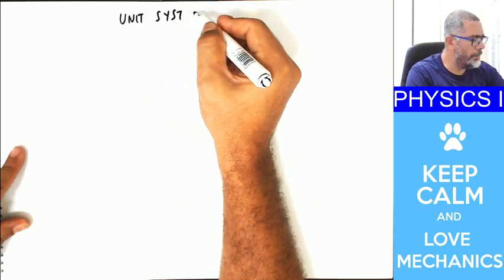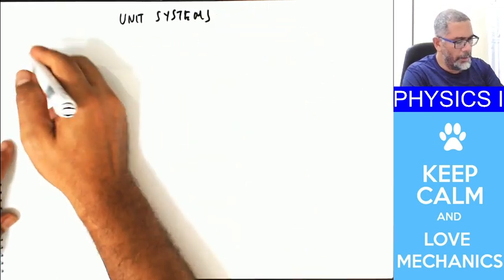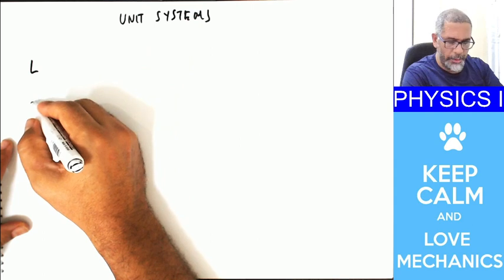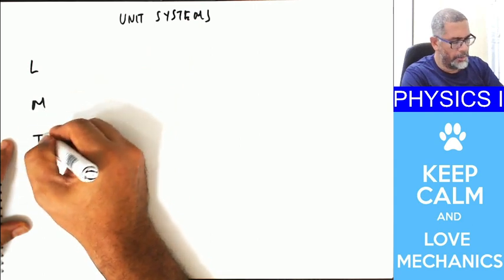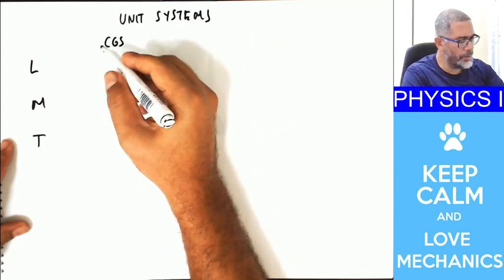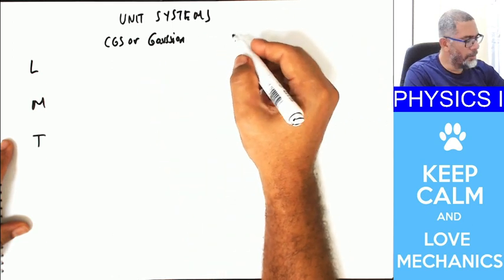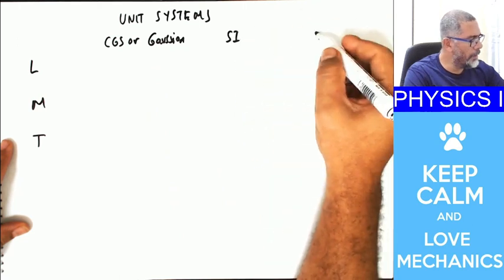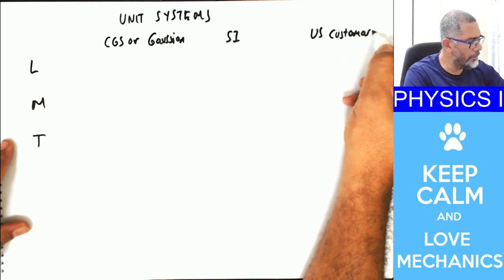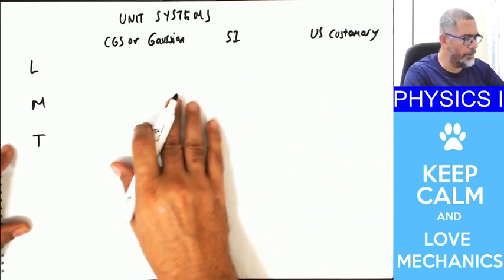There are many different unit systems, but I will only talk about three of them. Let me write down the universal units for length, mass, and time over here. CGS, or Gaussian, is one unit system, the SI unit system is another, and the US customary unit system is the third. So all these columns are specific unit systems.